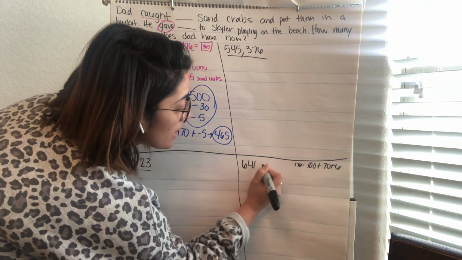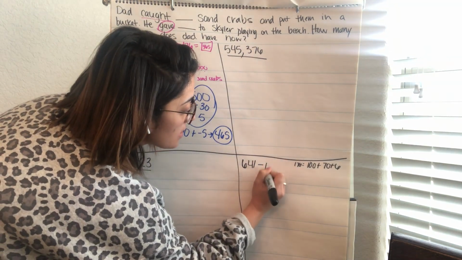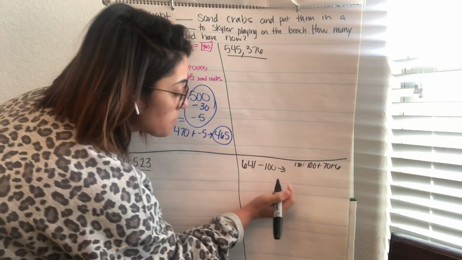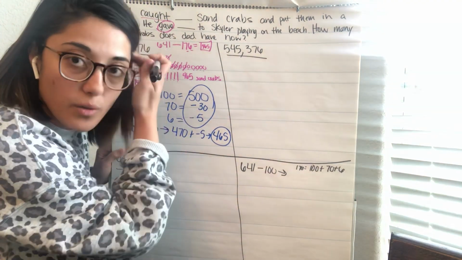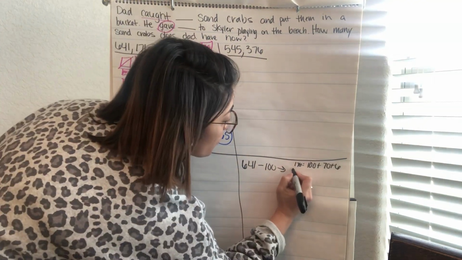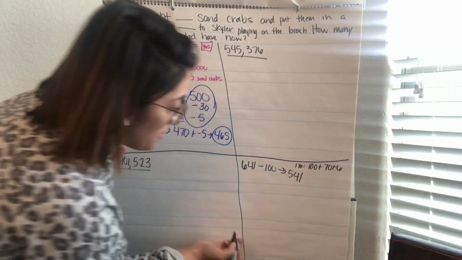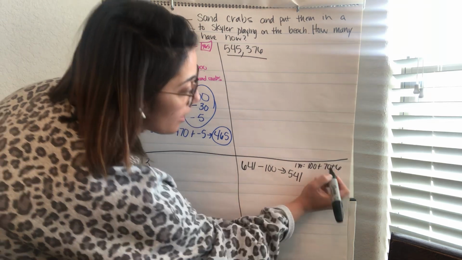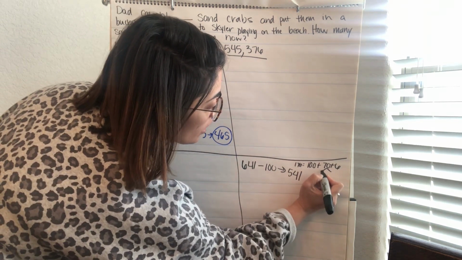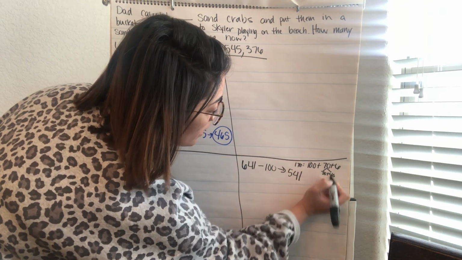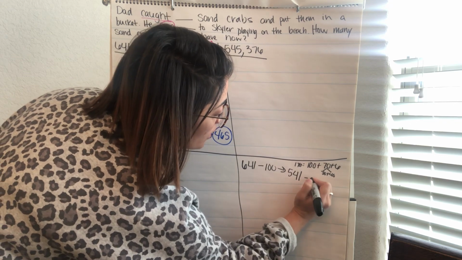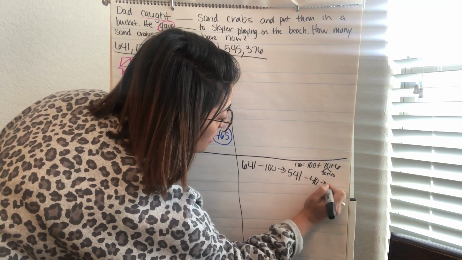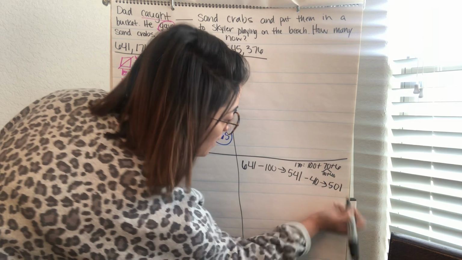So I can do 641 minus 100 gets me to, we say "gets me to" because it's a string of equations, 541. I'm going to break that 70 up into 30 plus 40. So 541 minus 40 gets me to 501.